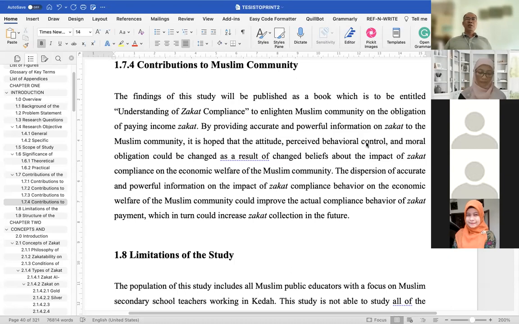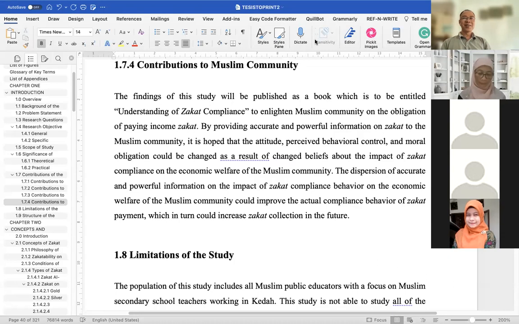Your contributions are just how you explain to the reader how this study benefits others. And for a PhD, the contributions must look significant.